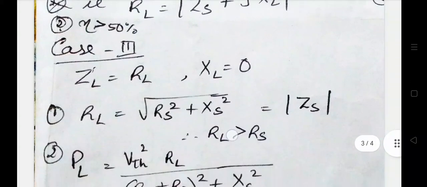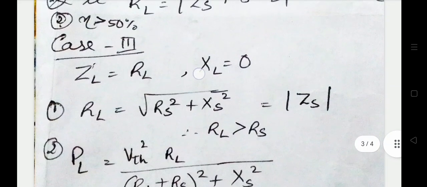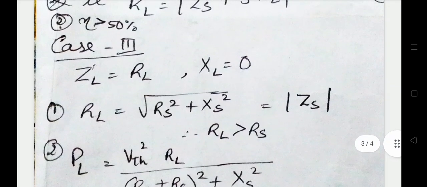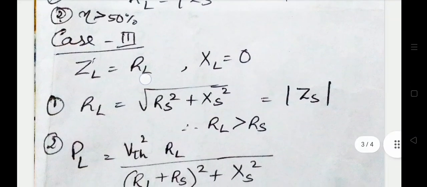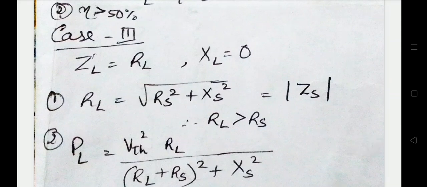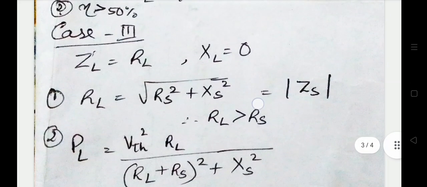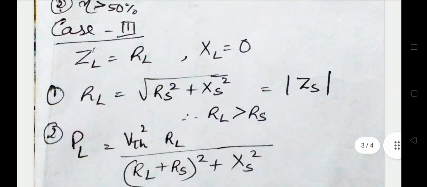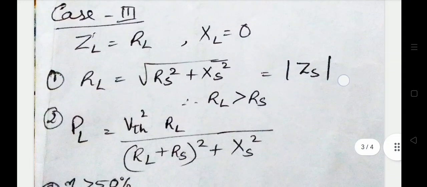Now let's see case 3, where ZL is equal to RL and load reactance is 0. When the load reactance is not there, then ZL will be equal to RL. In such a case, the load resistor RL is equal to root of RS square plus XS square, which can be written as the mod value of ZS.